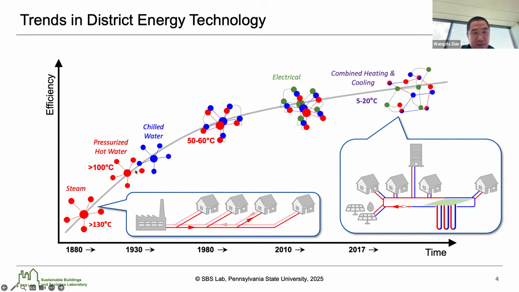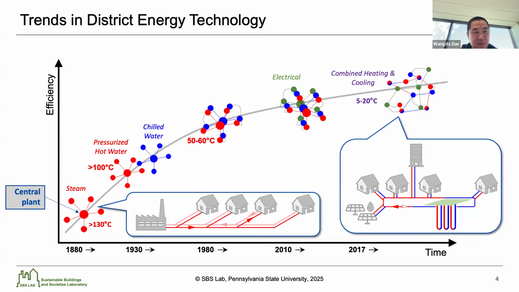Later on, people developed pressurized hot water for heating and chilled water for cooling. Then around the 1980s, we reduced the heating temperature to 50 to 60 degrees, and more electrical heating and cooling got involved. Currently, there's a lot of discussion about combined heating and cooling using what we call an ambient temperature loop.